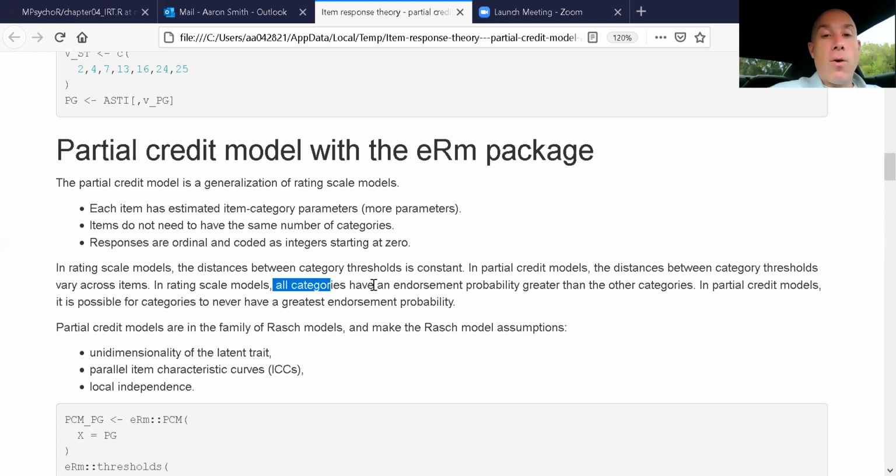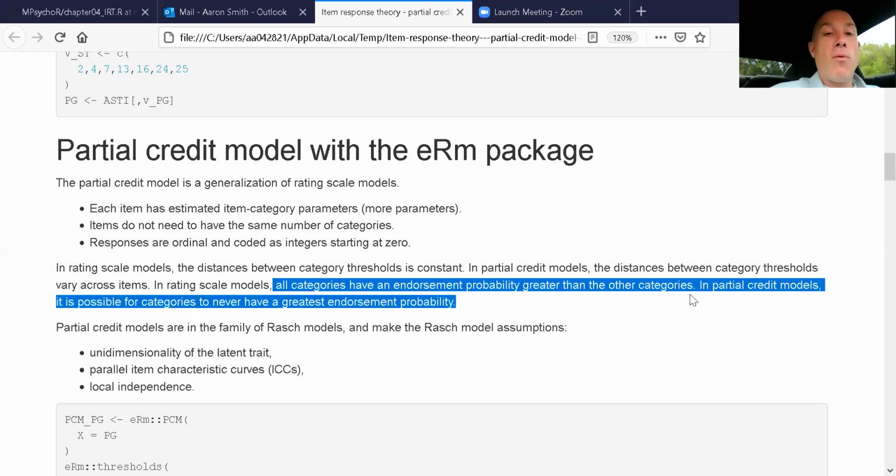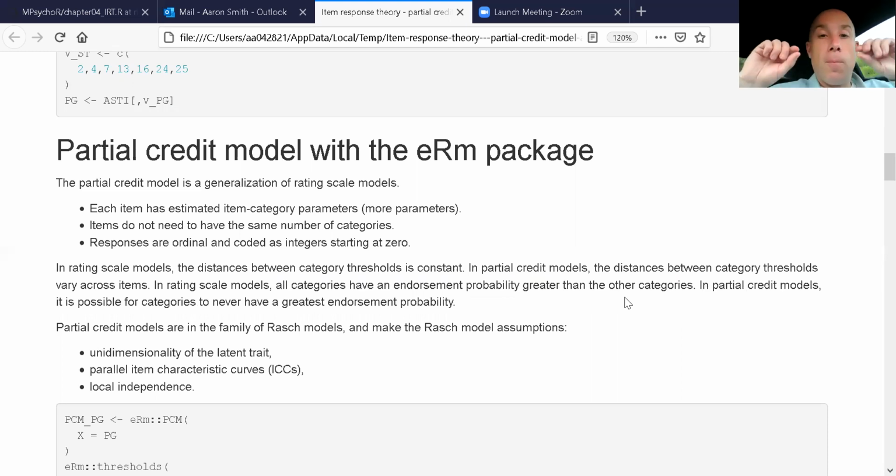In rating scale models, all categories have an endorsement probability greater than the other categories. In a partial credit model, it's possible for categories to never have a greatest endorsement probability. What this is saying, as we'll see in a moment, is that we're going to take the latent variable for the data set that we fit from a kind of pseudo factor analysis.